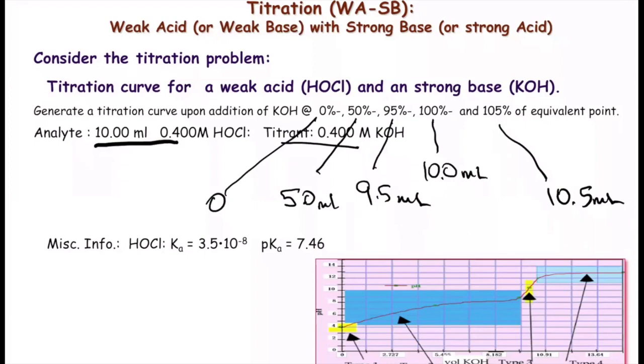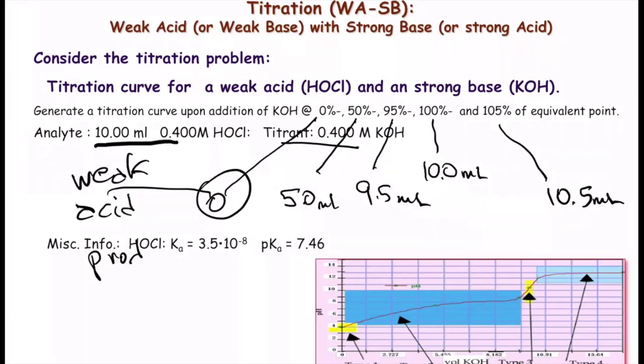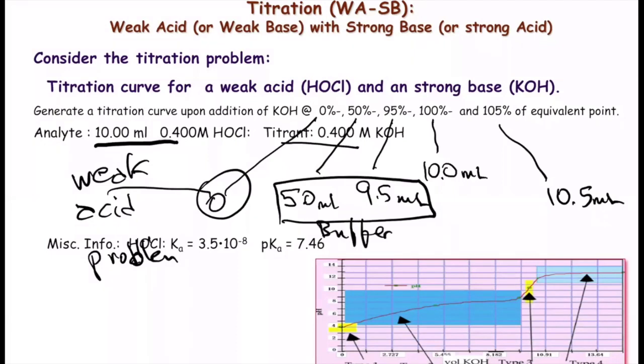Why? Because when we have 0, this is just the weak acid problem. Here we have our buffer problem. Here we have hydrolysis.